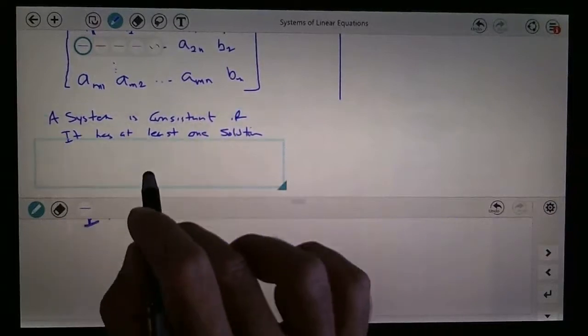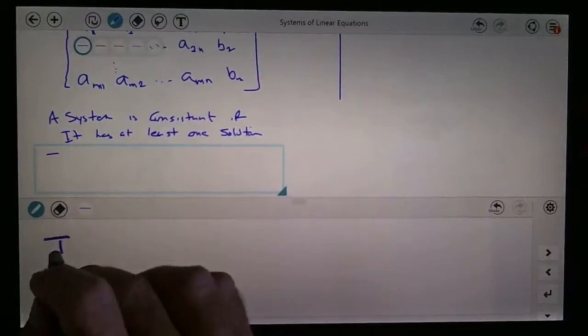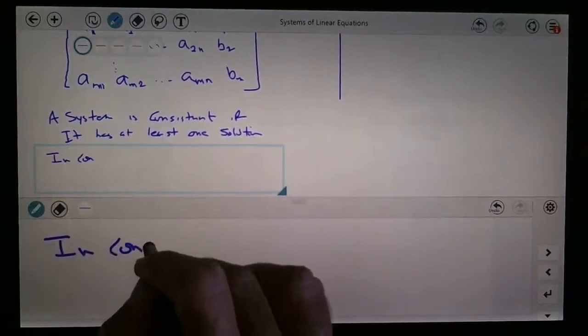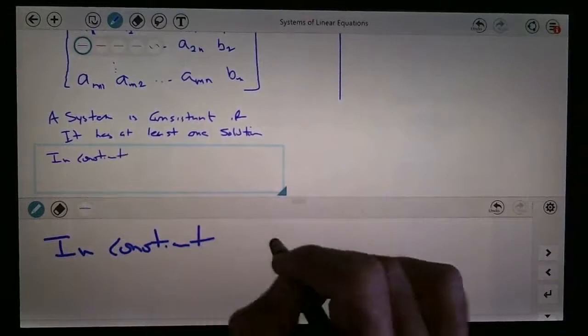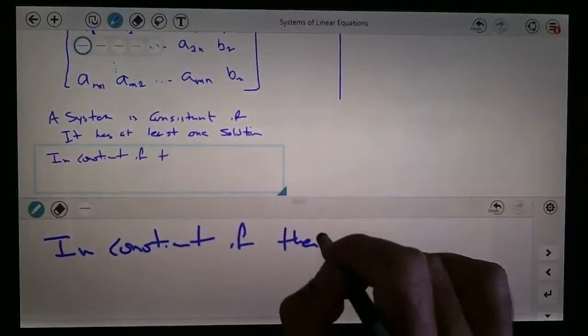It is inconsistent if it doesn't have a solution. Inconsistent if there are no solutions.